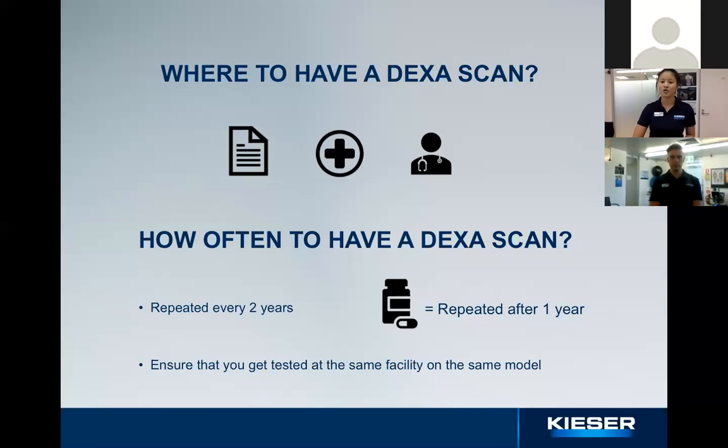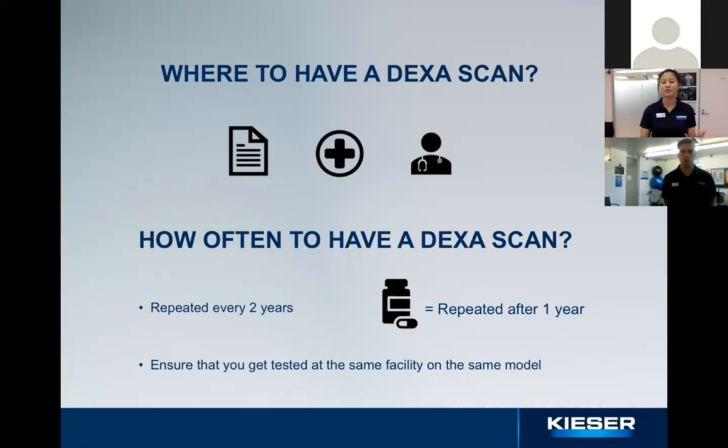Your GP may also assess you for any predisposing conditions, whether you have early onset of menopause or particular medical conditions. Hopefully that'll prompt them to encourage you to go get a DEXA scan. Depending on your conditions and medical history, sometimes you can actually get a Medicare rebate on that too.